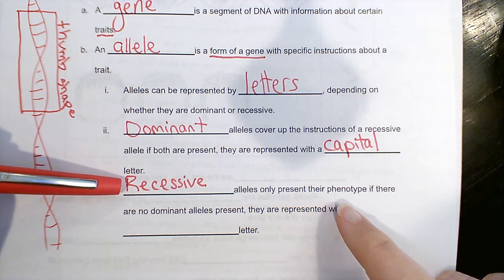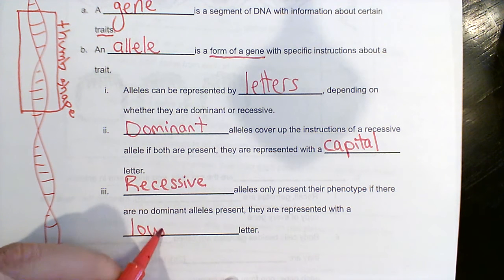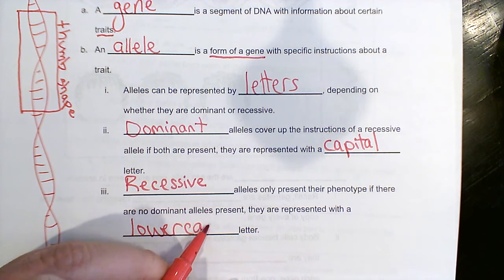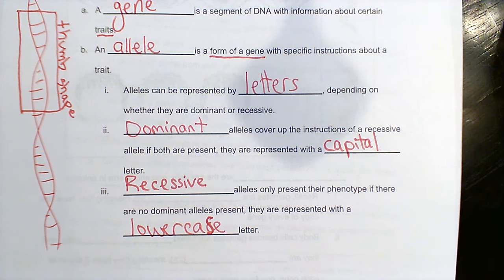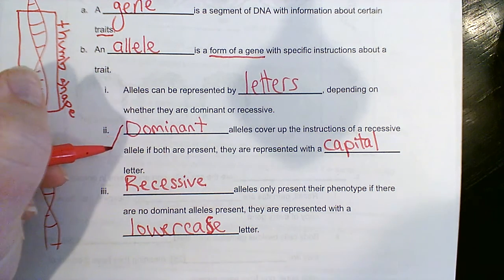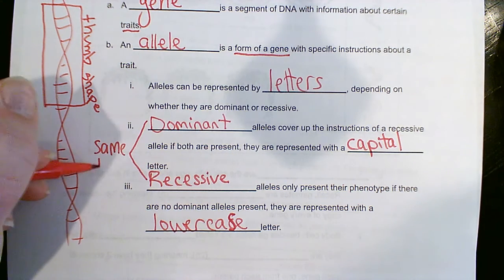So their phenotype is shown only if there are no dominant alleles present, and we use lowercase letters for the recessive alleles. But we're going to use the same letter.